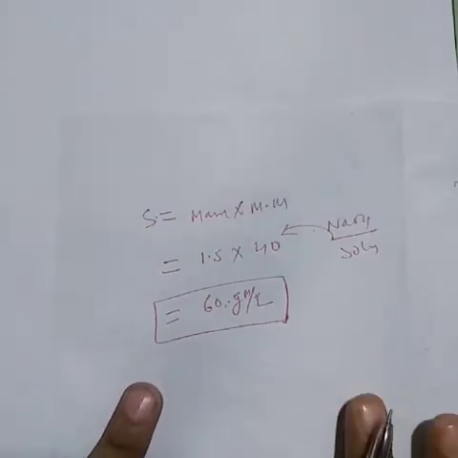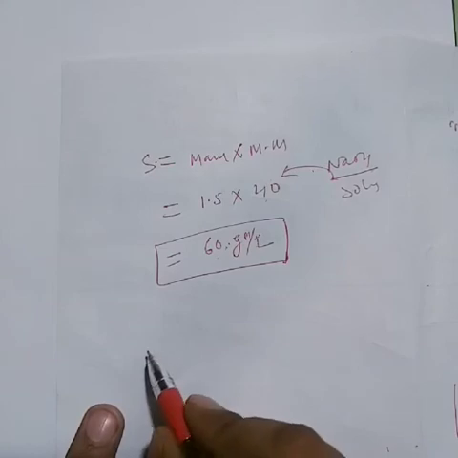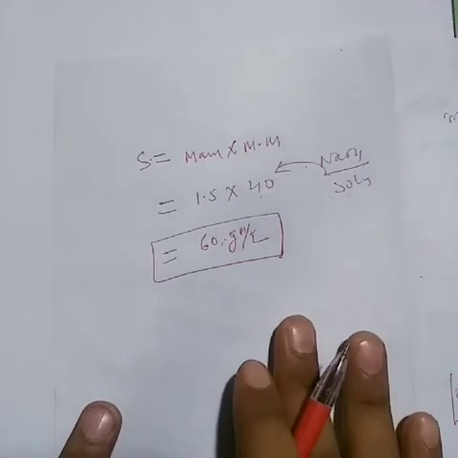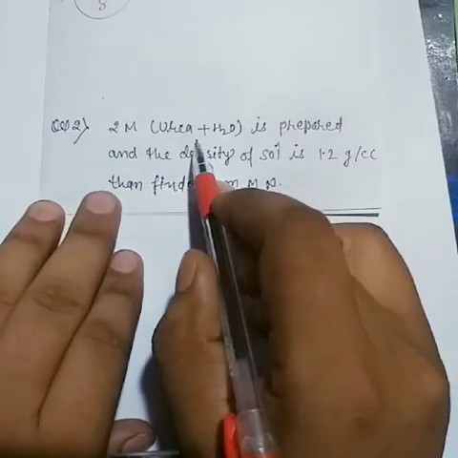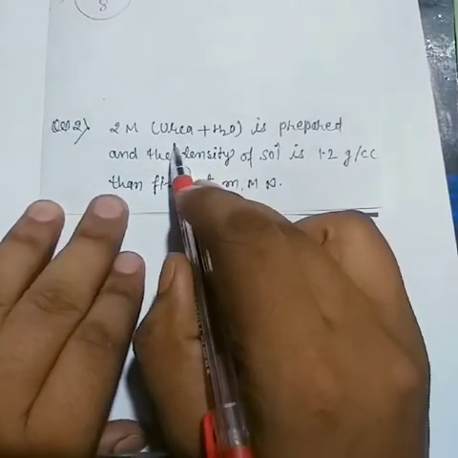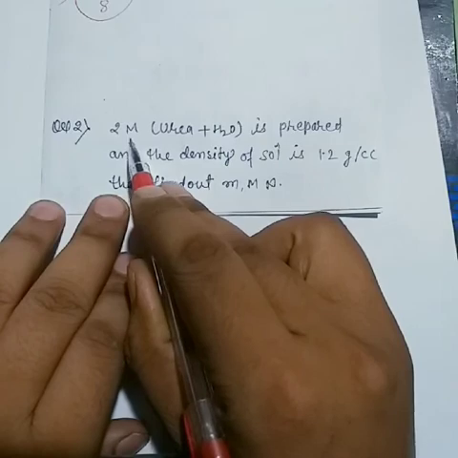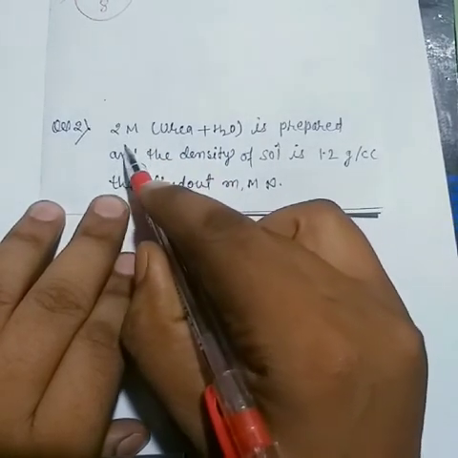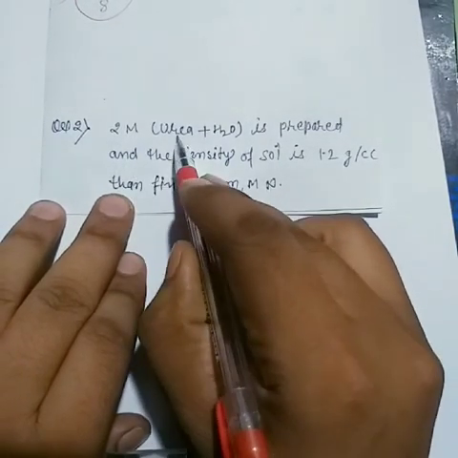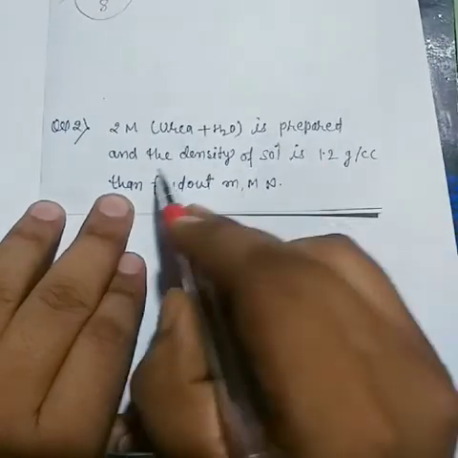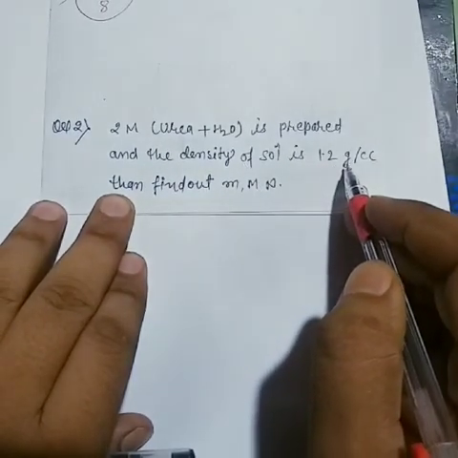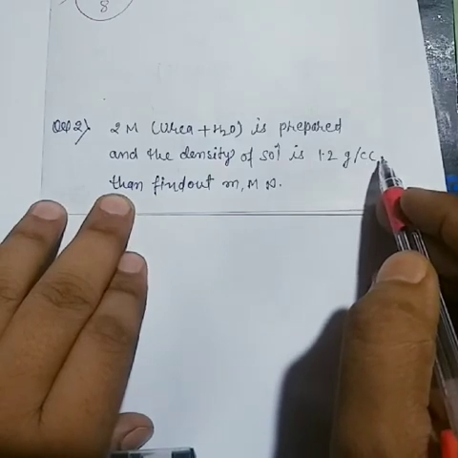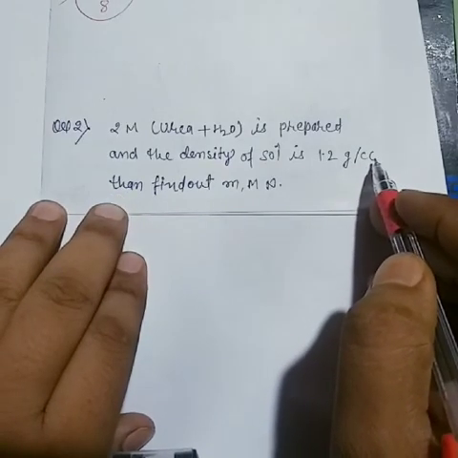So finally we calculate all the things, and one more thing I want to tell you. Now these are test yourself questions. Now 2 molar urea solution is prepared and the density of the solution is 1.2 gram per centimeter cube.